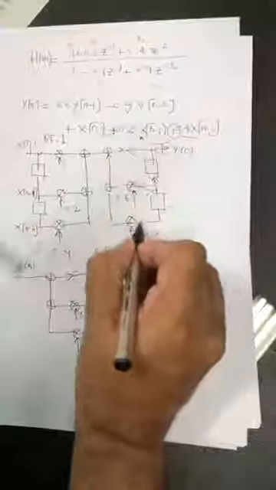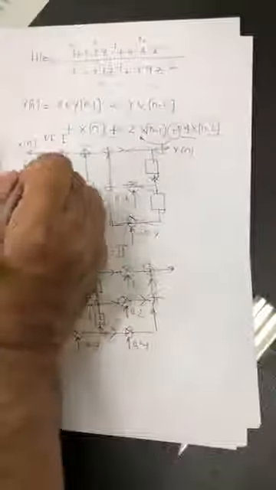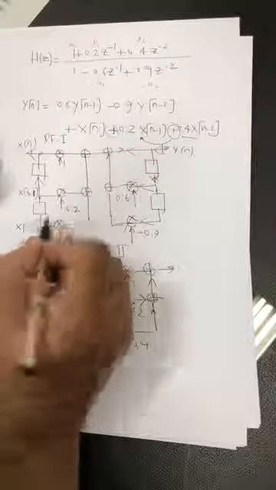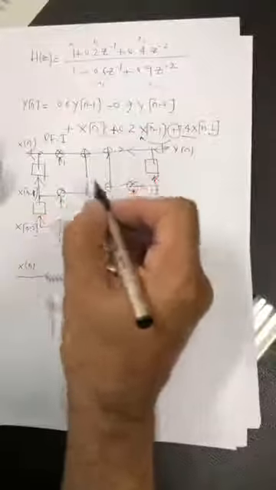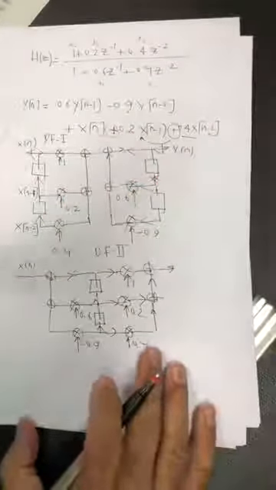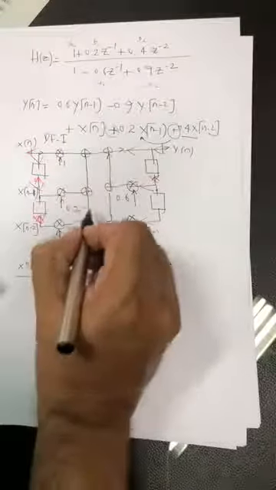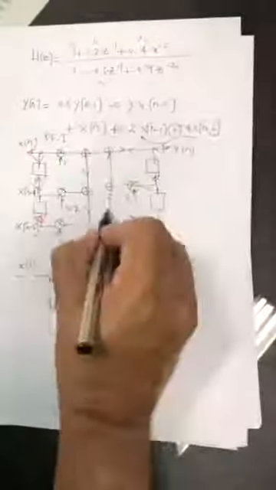This is changed, this is changed. It was going down, now it is going up. It was going up, so it is going down now. So this is direct form 2.